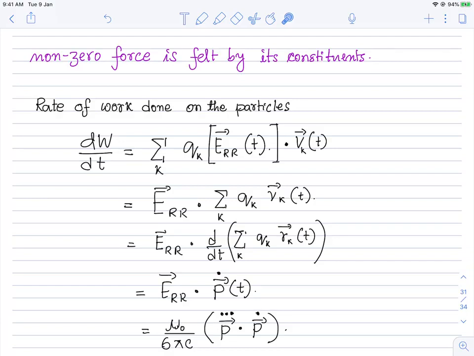Let's say there are many charged particles, and k labels the charges, and therefore it is summed over k, and this is the rate of doing work.